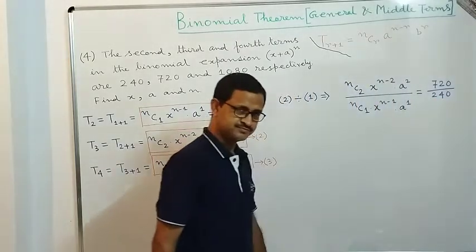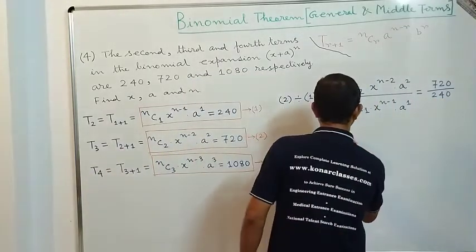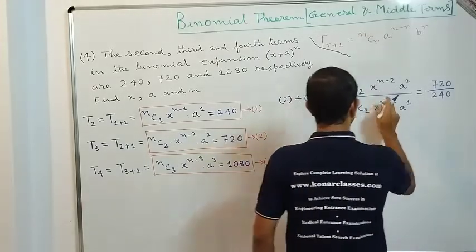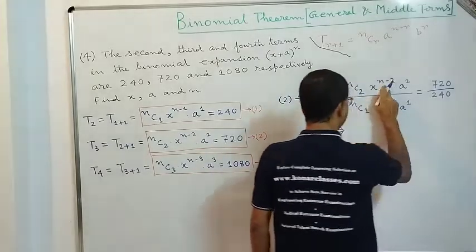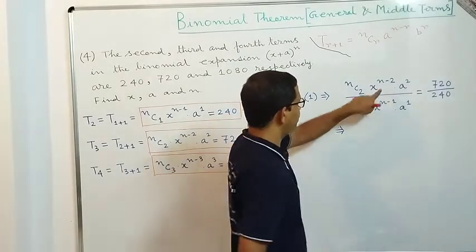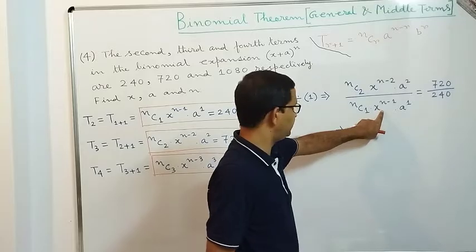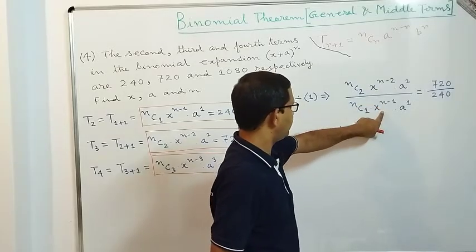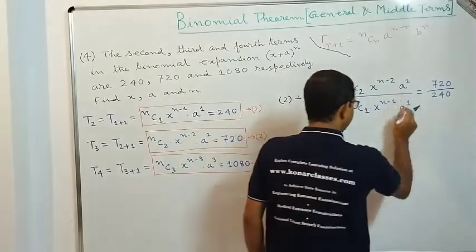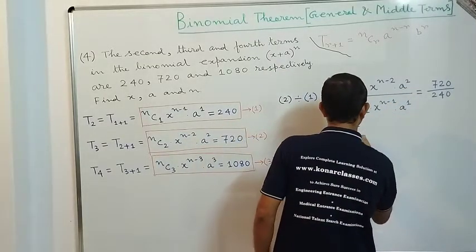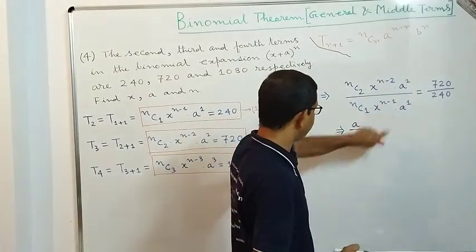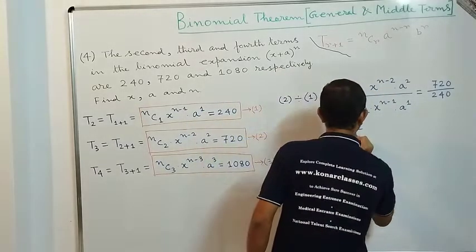Correct or not? So what we are going to get here, dear students: x to the power n minus 2 in the numerator and x to the power n minus 1 in the denominator, so it becomes 1 by x, and here it is a. So a square by a is a, and x to the power n minus 2 divided by x to the power n minus 1 becomes 1 by x.